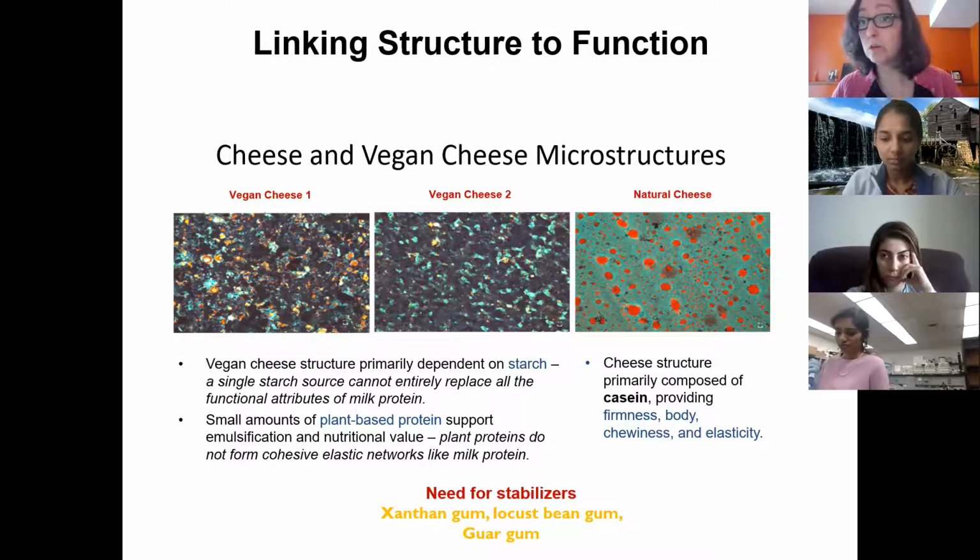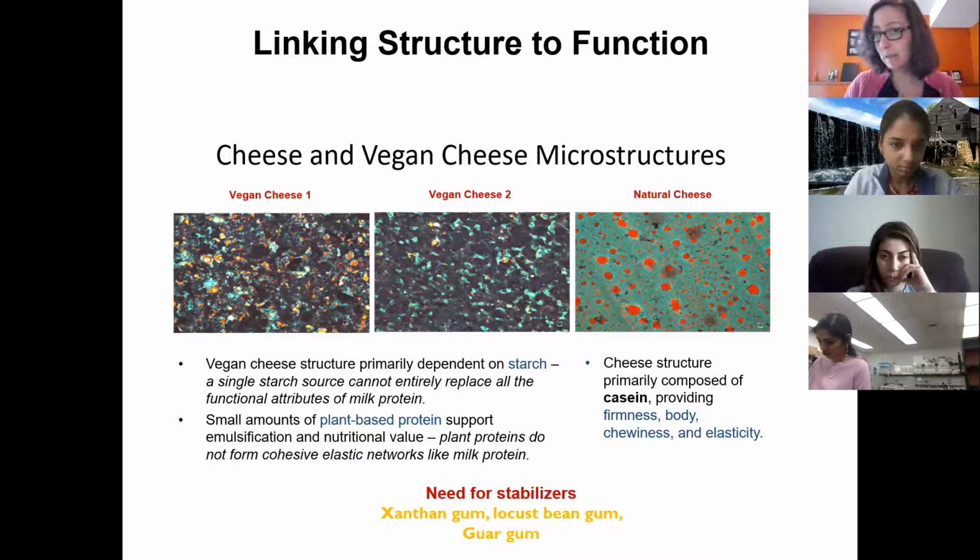And this is where research is needed to see how we can enhance plant protein gelation and formation of a matrix so that it can be incorporated at higher concentration in a vegan cheese and less of the hydrocolloids and modified starches. Good. Any other questions?